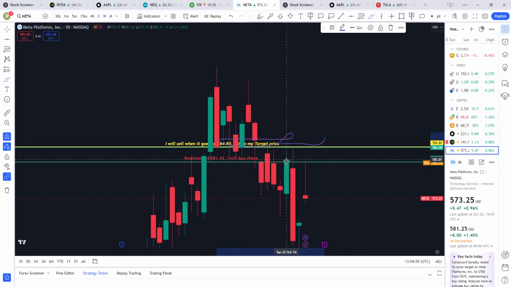And then here you will buy because the stock market is always going up and down. It went back up to that 584, you sell, you let it go. And then whenever it goes back to that support, you buy again. And then you put your note, that's your plan. You wait for the price to go back there.